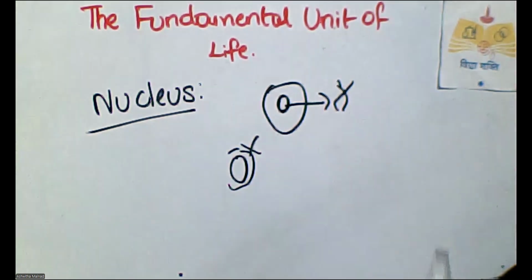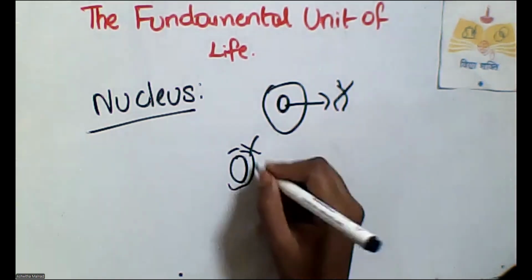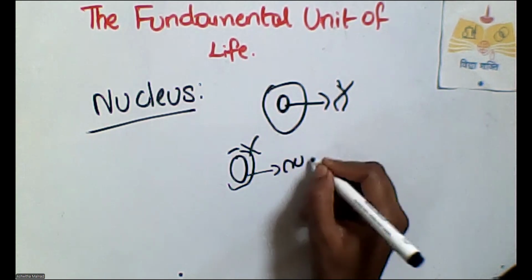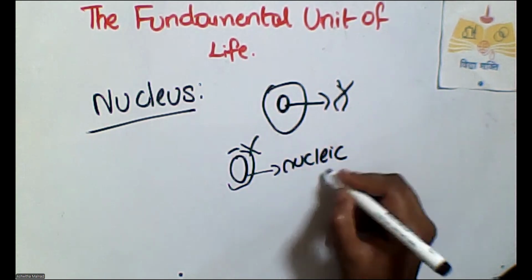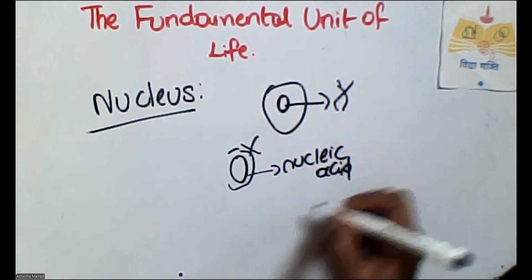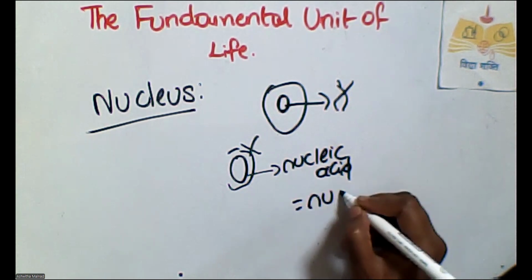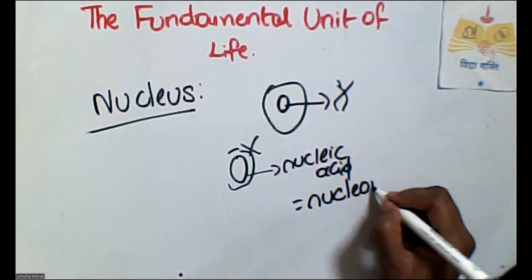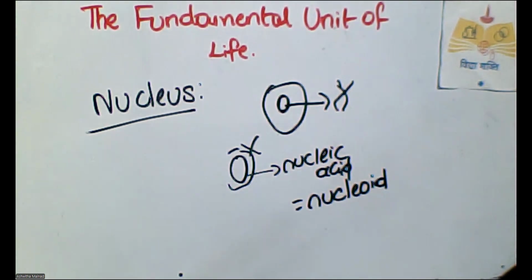Such an undefined nuclear region containing only nucleic acid, with no nuclear membrane, we call a nucleoid. What do we call a nucleoid? Where there is absence of nuclear membrane but only nucleic acid. Okay, such organisms whose cells lack a nuclear membrane are called prokaryotes.